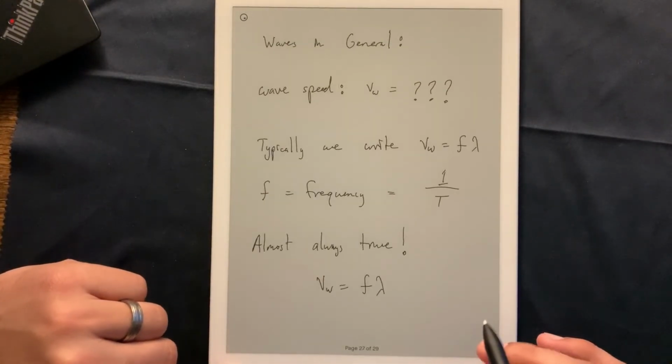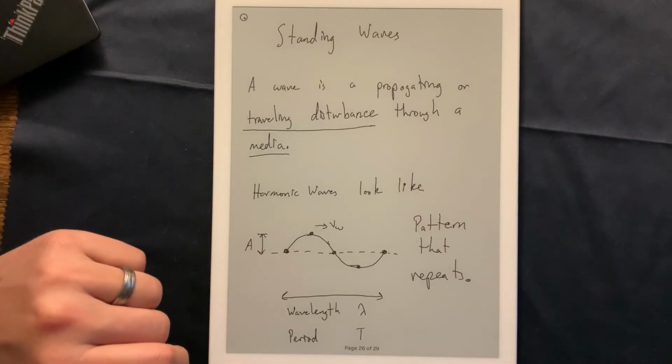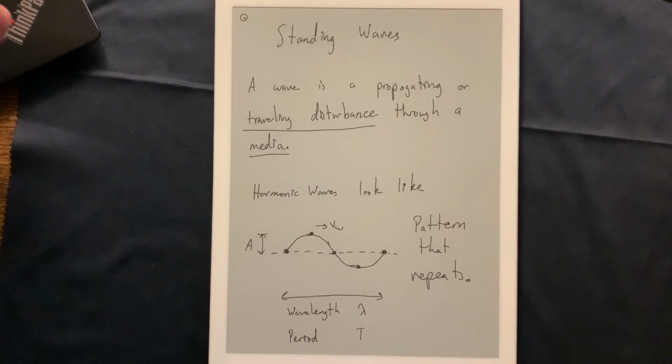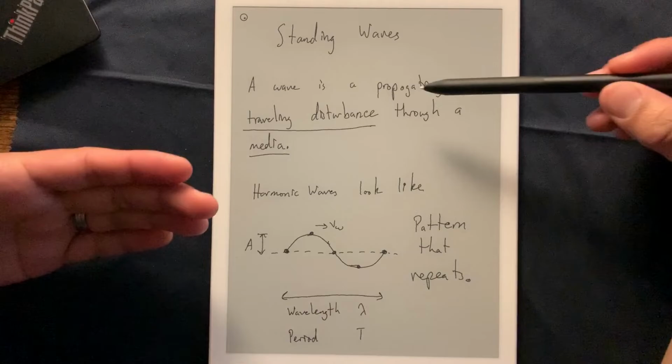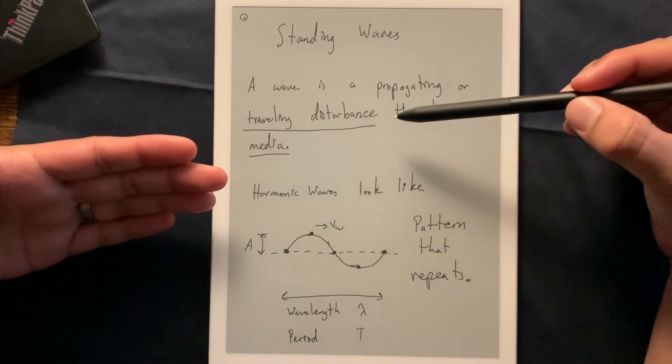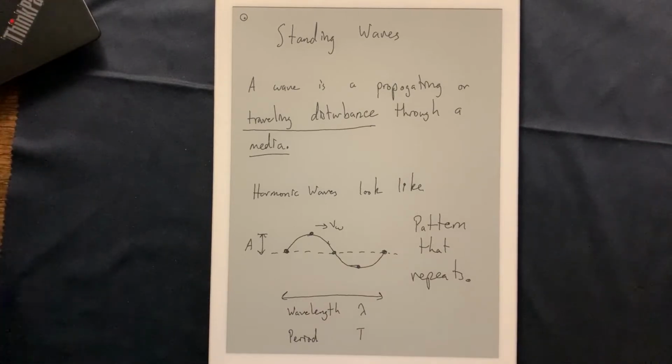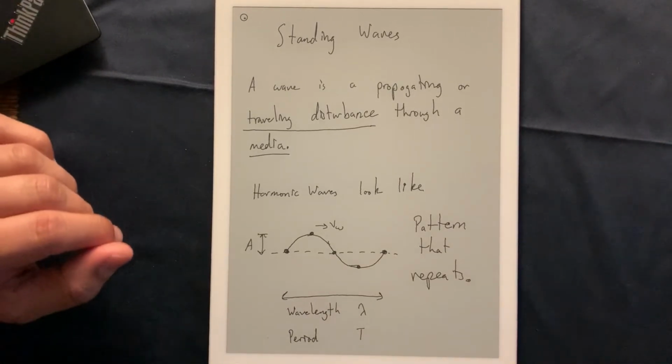Okay, so just a quick recap. Let's go back to the beginning. Standing waves are a special kind of wave where they don't seem to be moving. A wave, any wave, is a propagation or traveling disturbance through a medium. It could be a string, it could be water, it could be air, whatever.